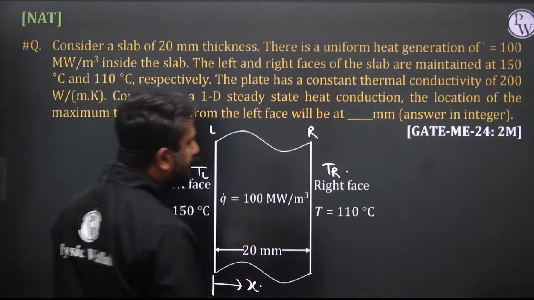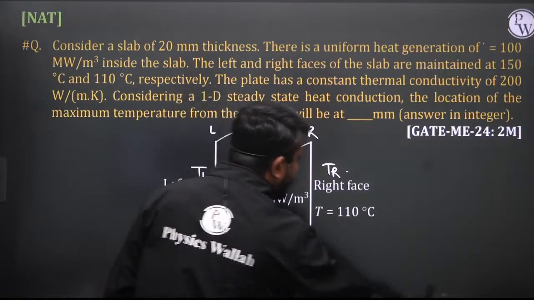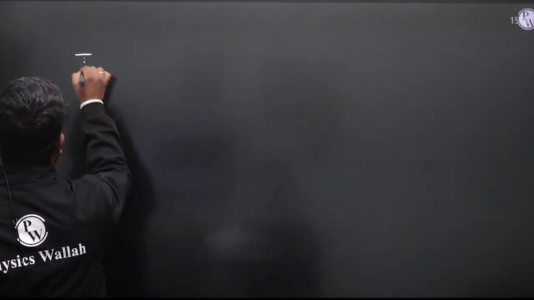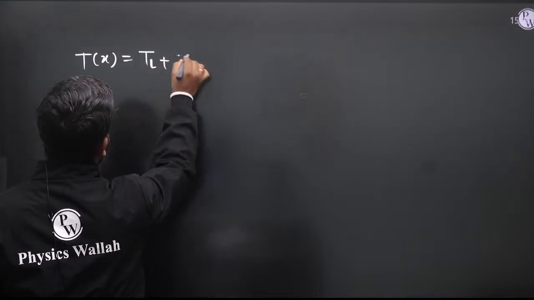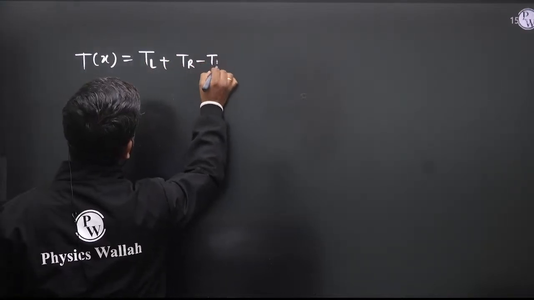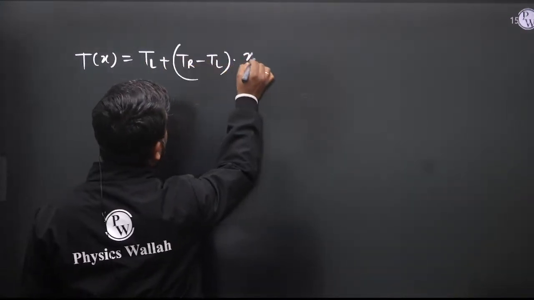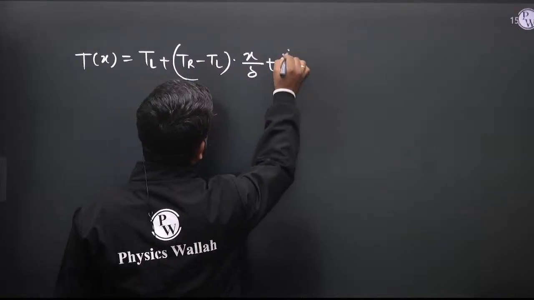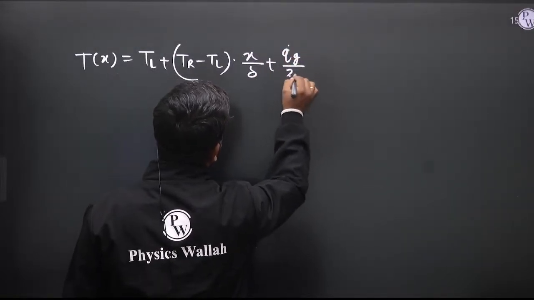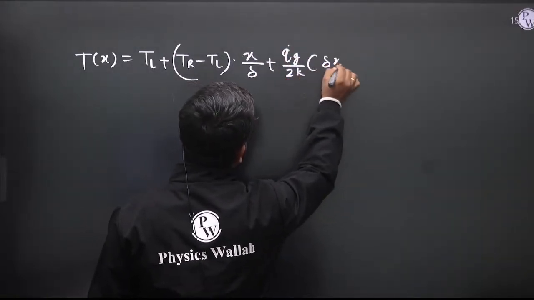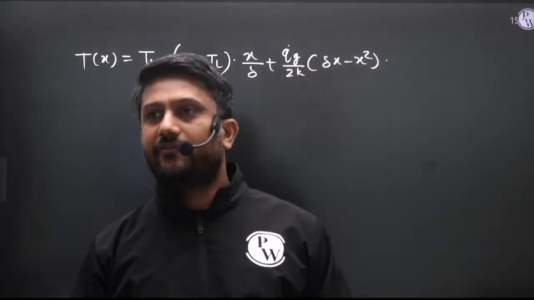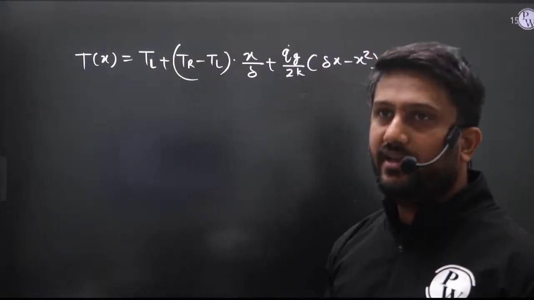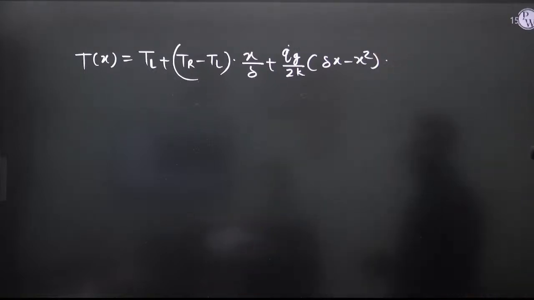So what is the temperature variation with respect to x? T of x is equal to TL plus (TR minus TL) into x by delta plus q dot g by 2k into (delta x minus x square). This is a standard formula. You must remember this. If you remember this, you can directly solve this problem.